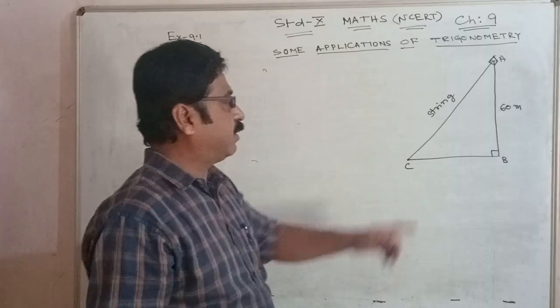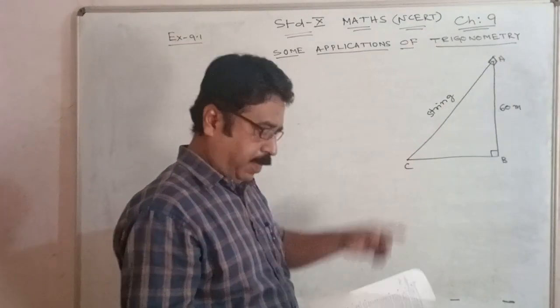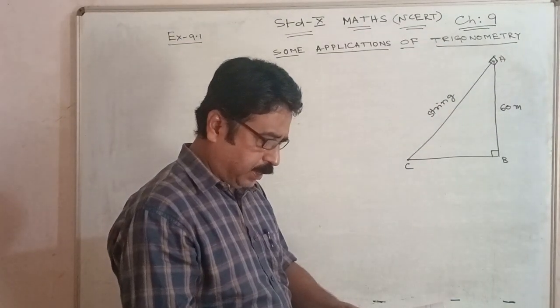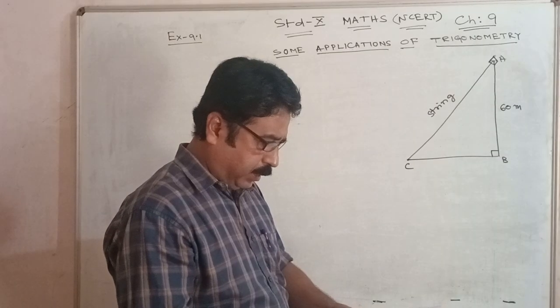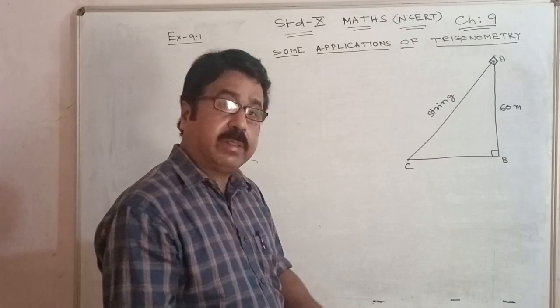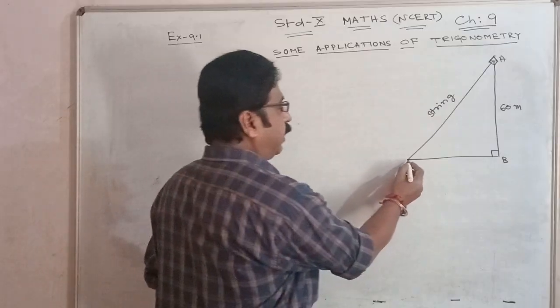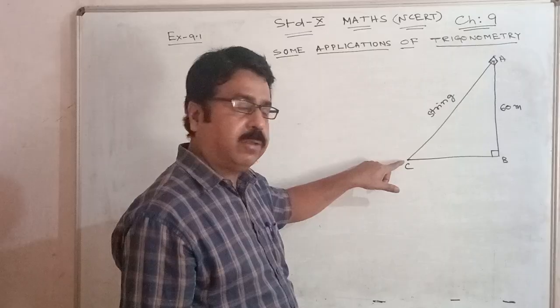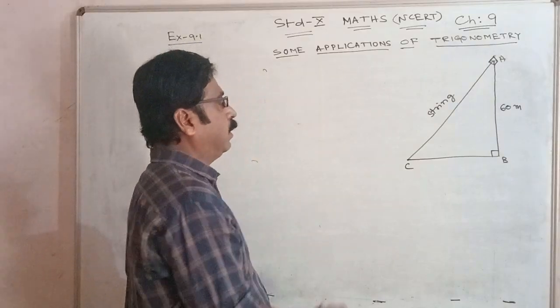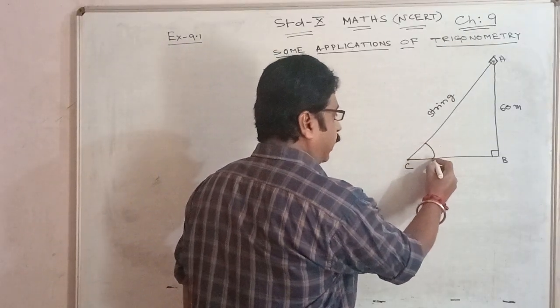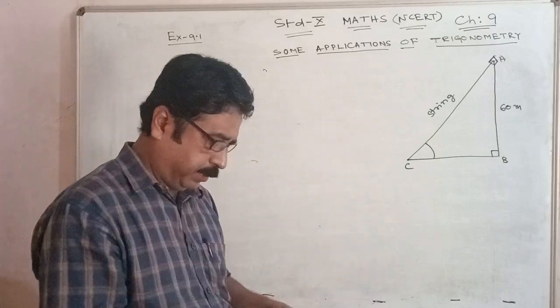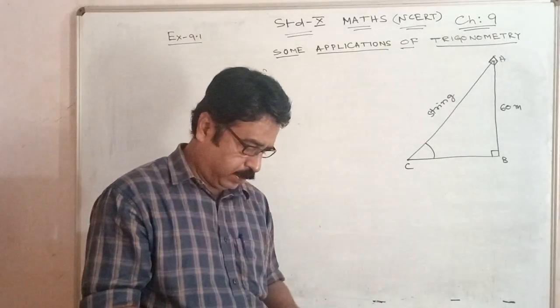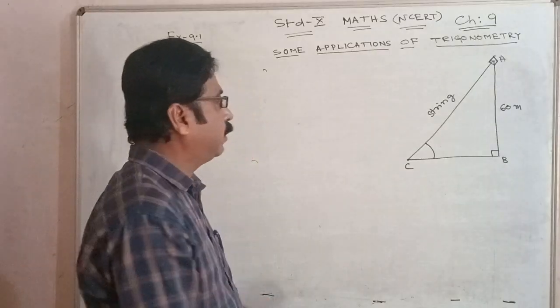And the string is tied. Here it is given, the string is tied to a point on the ground. C is a point on the ground. That string is tied at this point. And this angle is given, 60 degree.